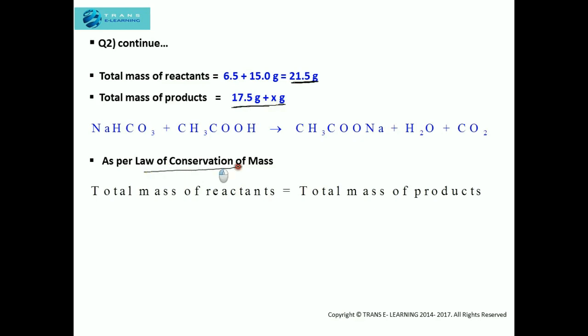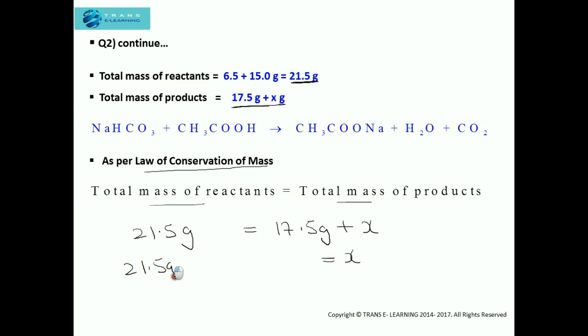So as per the law of conservation of mass, total mass of reactants is equal to total mass of products. So let us substitute the values. This is 21.5 gram equals 17.5 gram plus X. So X will be equal to 21.5 gram minus 17.5 gram. So X will come out to be 4 gram. So the mass of carbon dioxide released is 4 gram.